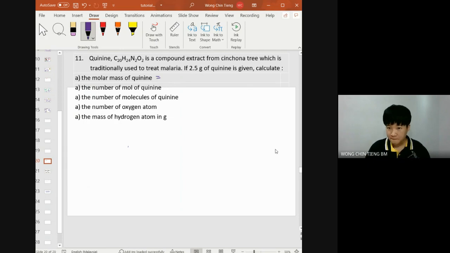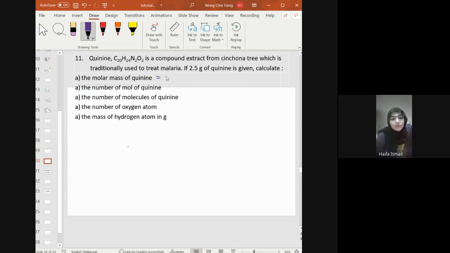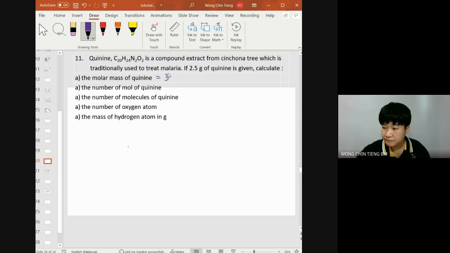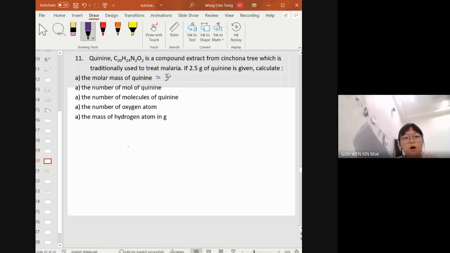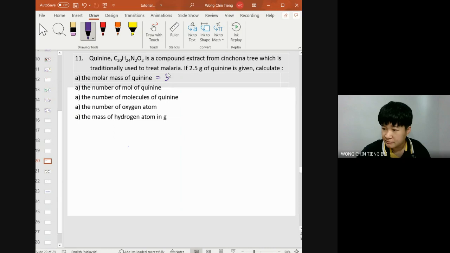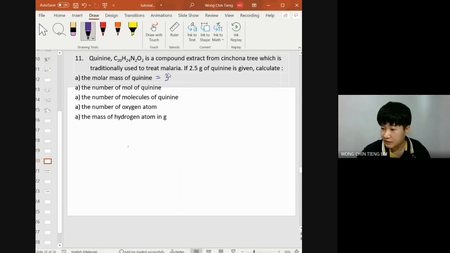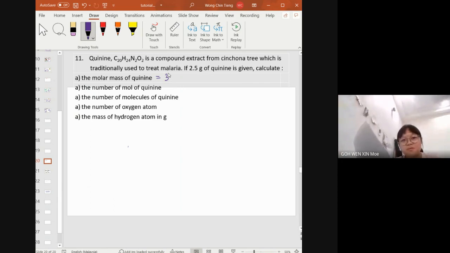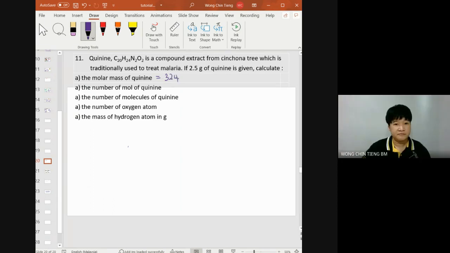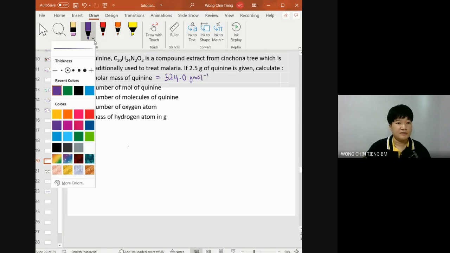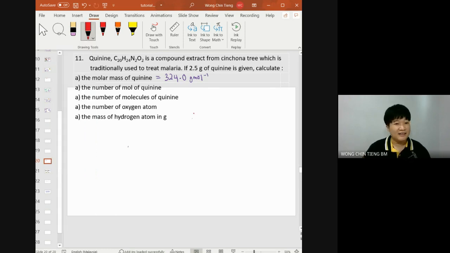Anybody? 324 gram per mole je. 324.0 gram per mole. Thank you. Alright. Lain kali bagi jawapan first tu terus betul boleh? Yang tu soalan senang.